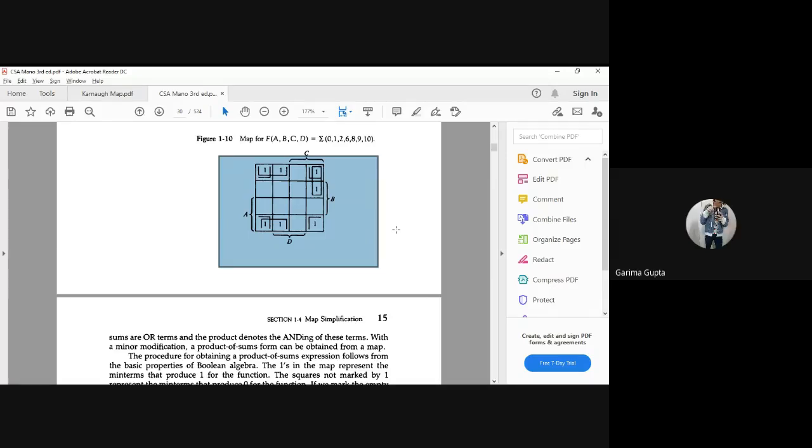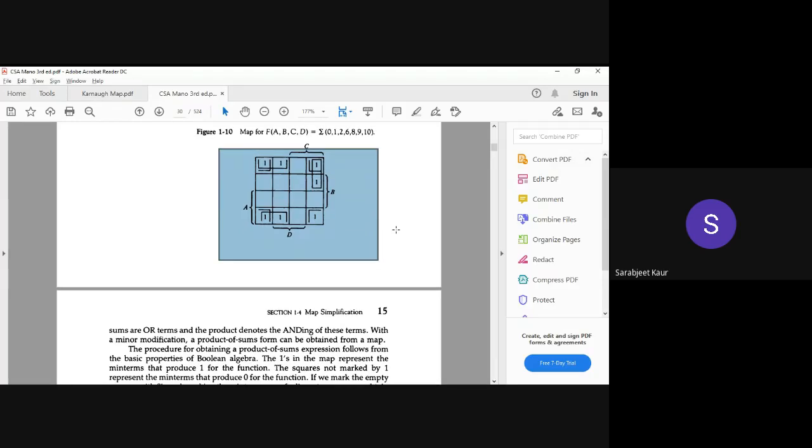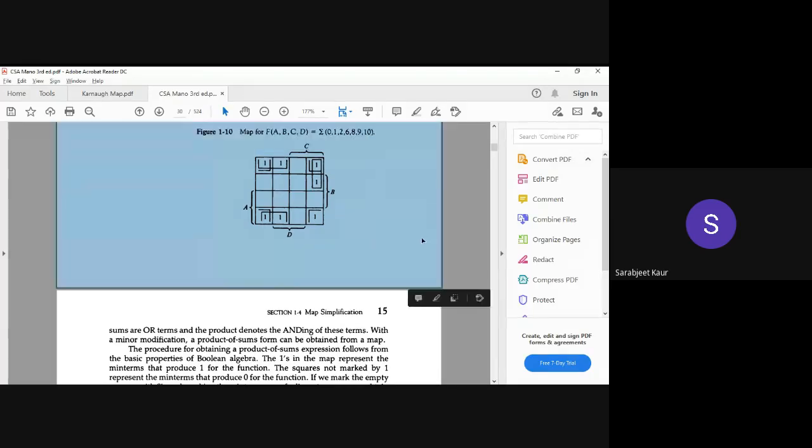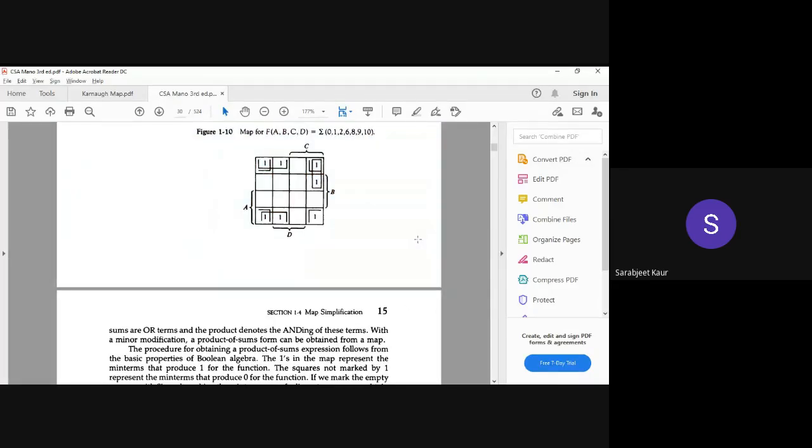Yes, ma'am. So we will group the zeros and obtain the simplified expression for each group as we do it for each group of 1. No change there, except that we are grouping zeros.